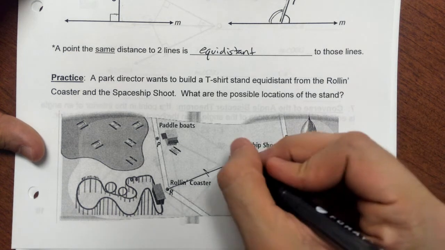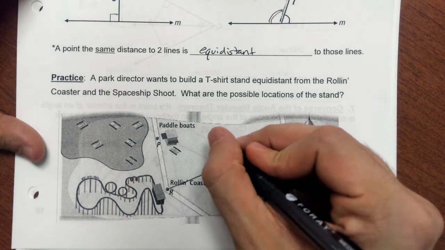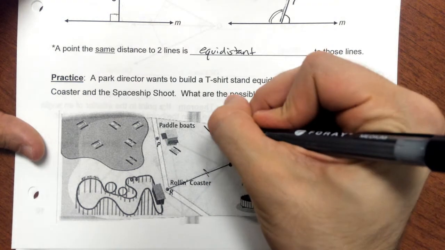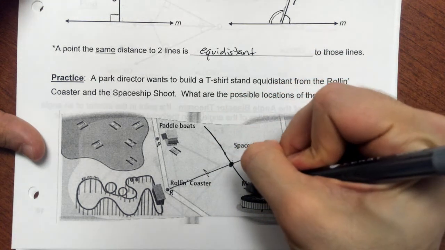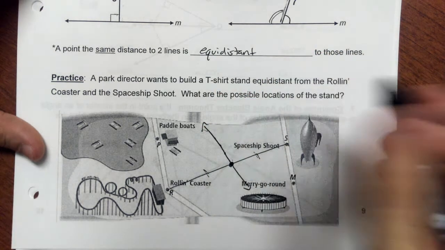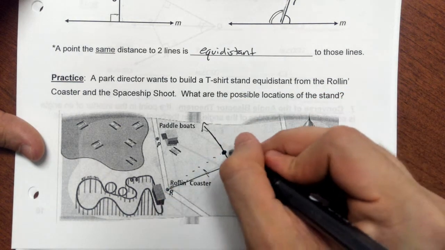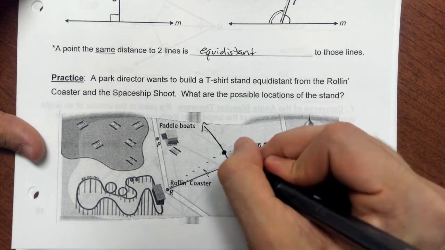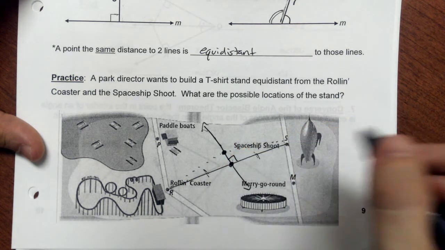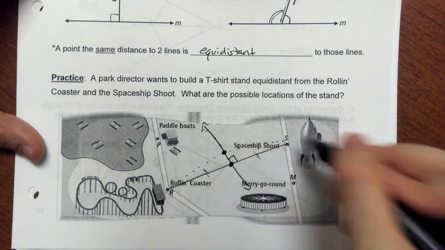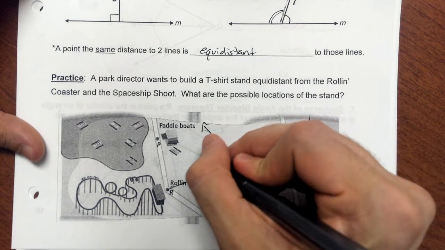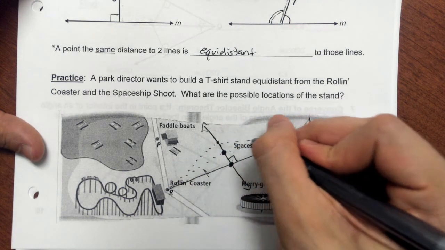It could also be right here, it could be here, it could be here, as long as it's anywhere that's on the perpendicular bisector. So here, it's equidistant. As long as that's a perpendicular bisector, this point is equidistant to both. It could also be here, where this distance, again, is the same as this.